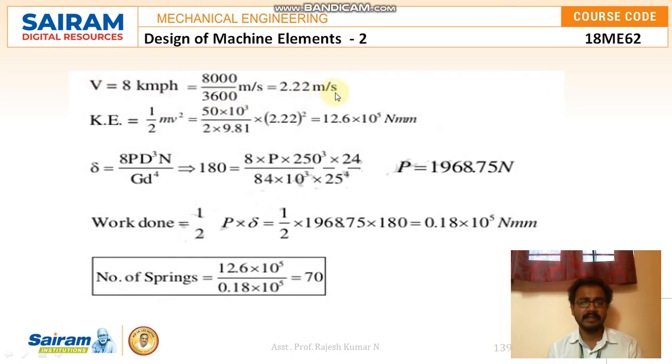Now we need to find the kinetic energy, since the wagon is under motion. The kinetic energy formula is half mv squared.